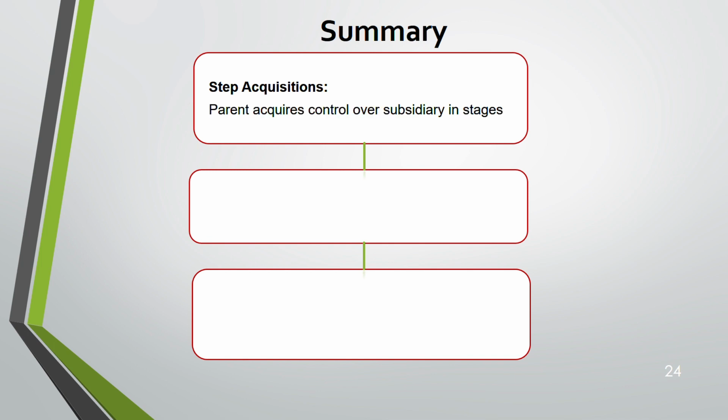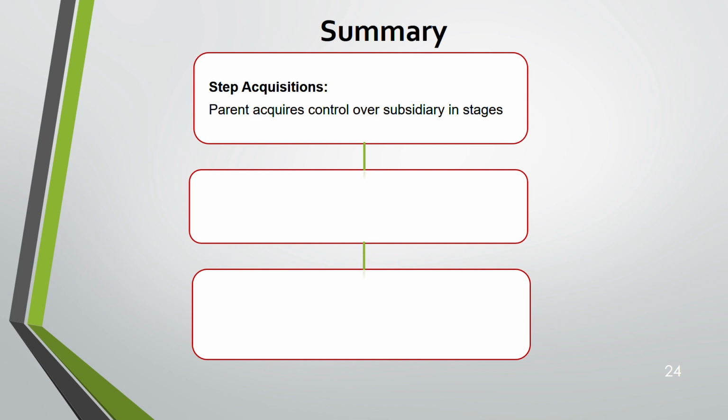Step acquisition we started with. This means the parent is gaining control in stages. Let's say first you bought 70%, then you bought another 10%. So at 70 also you were a subsidiary, and buying an additional 10%, that means 80, you are still a subsidiary. So in this, no profit and loss you calculate.